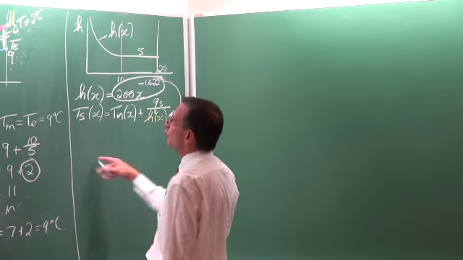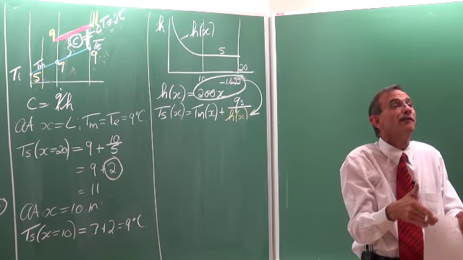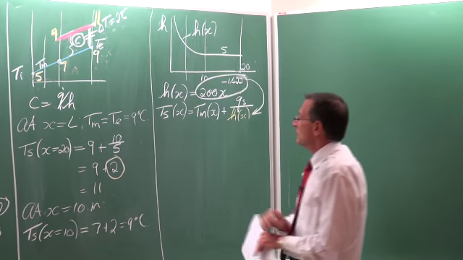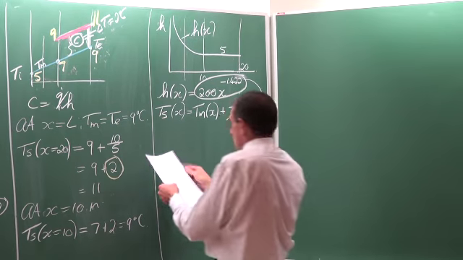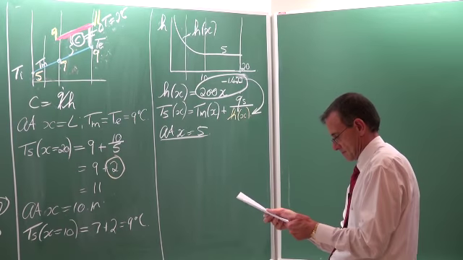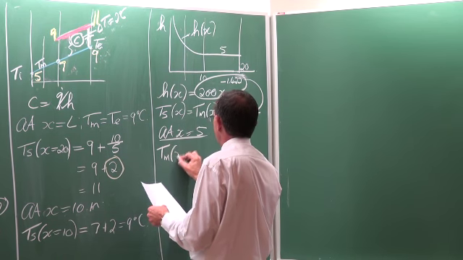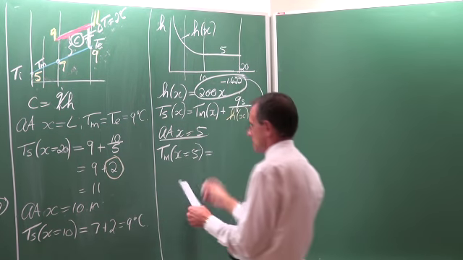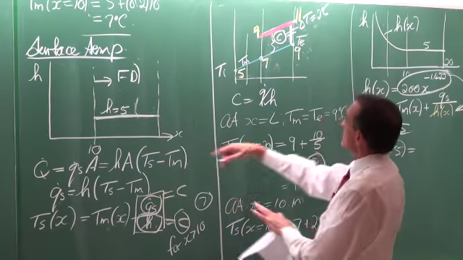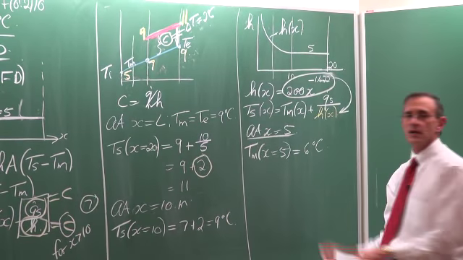Okay. Now, for the fun of it, let's calculate the temperature of the surface at 5 meters, halfway into the fully developed part. So at x equal 5 meters, the fluid temperature is very, very simple. You can just do the calculation with a straight line, but if you just look at this, you can see it should be 6 degrees Celsius. You agree?